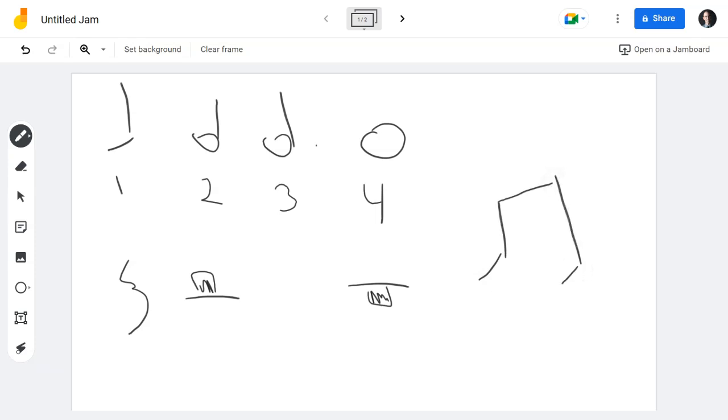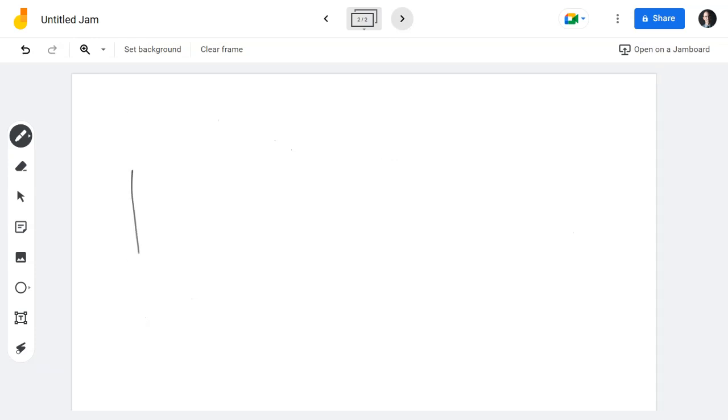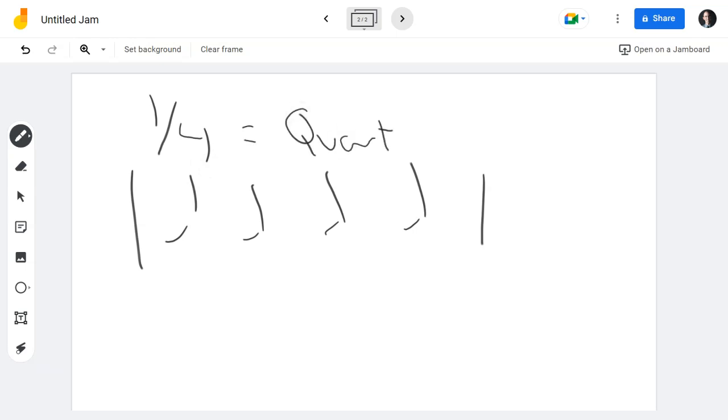Okay, remember from the last lesson, or maybe it was the first one, we learned about why these things have their different names. Remember, quarter notes are called quarter notes because you've split a measure into 4 equal pieces, right? 1/4 we also abbreviate as a quarter.